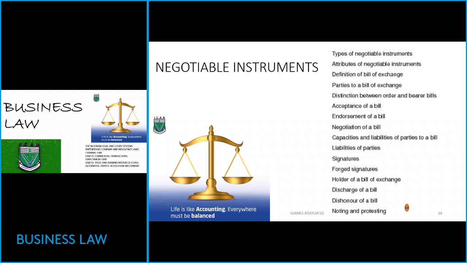acceptance of a bill, how to endorse a bill, negotiation of a bill, you must have knowledge of it, and the capacity and liability of parties to a bill, the liability of parties, the signature endorsement, the implication of forged signature, and when we hold a bill, how to care for it and the implication of it, timeline, deadline, discharge of a bill, and the implication of bills being dishonored.